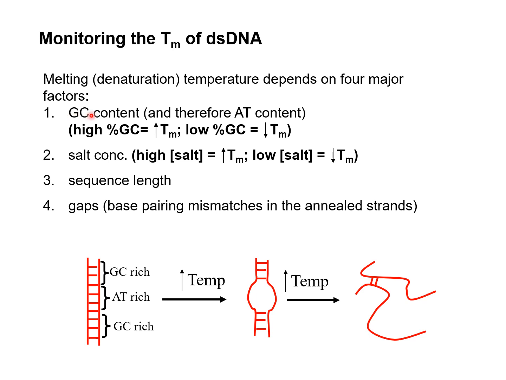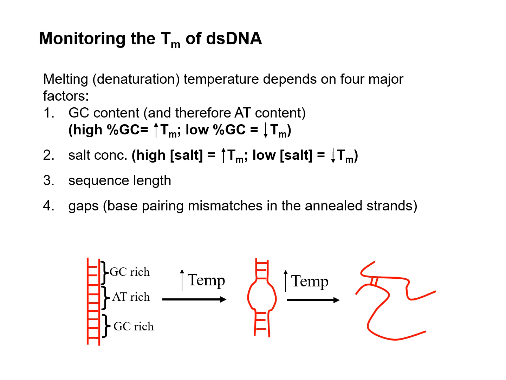First is the GC content, and also the AT content. When the percentage of GC is high, it will raise the melting temperature, and the other way too. The salt concentration also affects it, as high salt will raise the Tm value. Sequence length will affect it too, as well as gaps between the two strands that are held together.